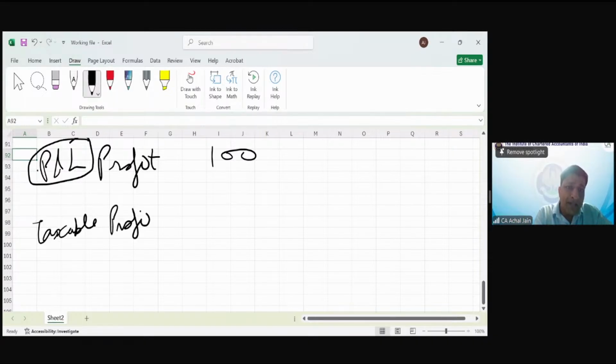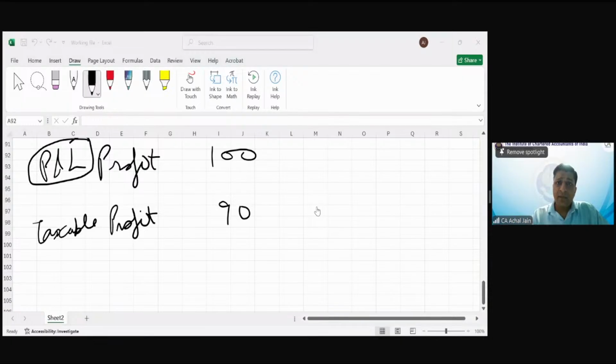Now it may happen that your taxable profit is say 90. Is it possible that your taxable profit is 90? In this case, the tax that the company will compute will be on 100 or 90?